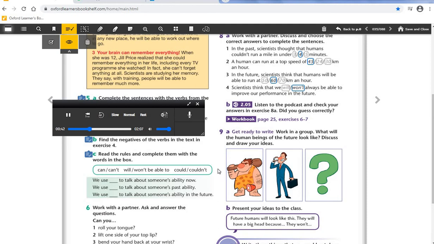For the first half of the 20th century, scientists thought that humans couldn't run a mile in less than 4 minutes. A mile is 1.6 kilometers, and the necessary speed to run it in under 4 minutes is over 24 kilometers an hour. Athletes kept trying, but they couldn't do it.